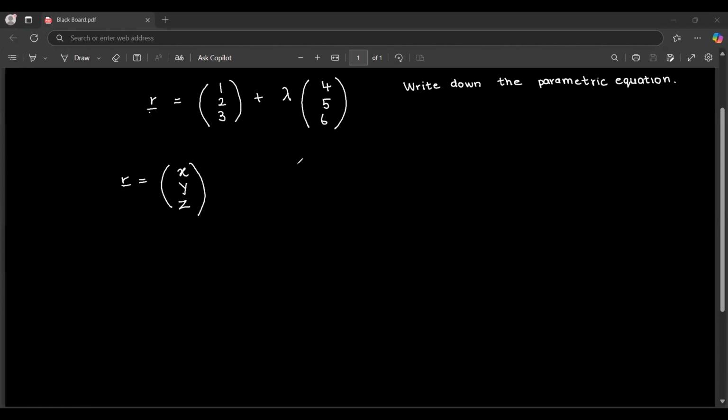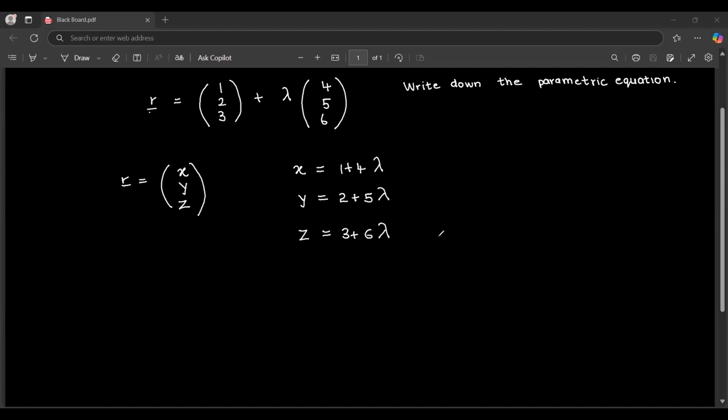So the parametric form of the vector equation given here will be x equals 1 plus 4 lambda, y equals 2 plus 5 lambda, and z equals 3 plus 6 lambda.